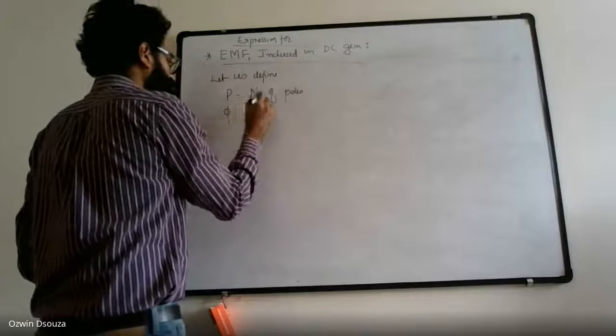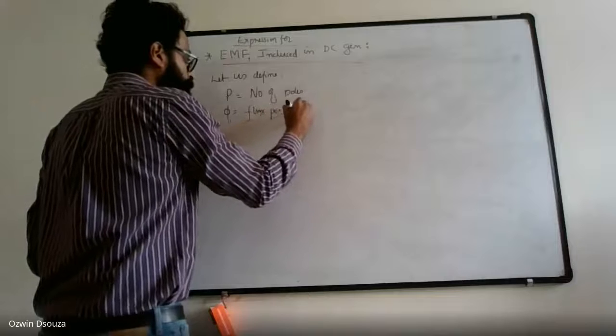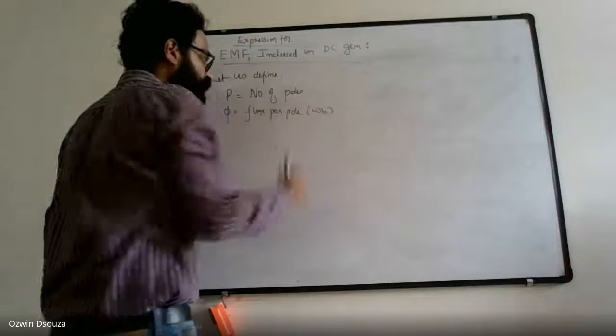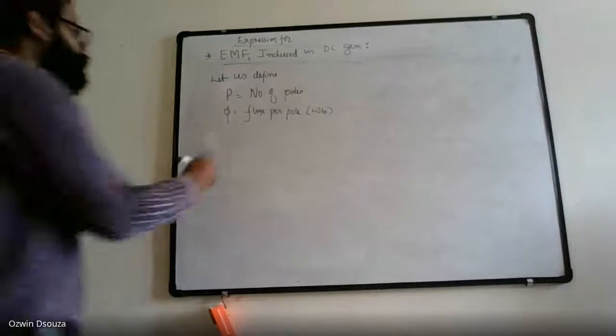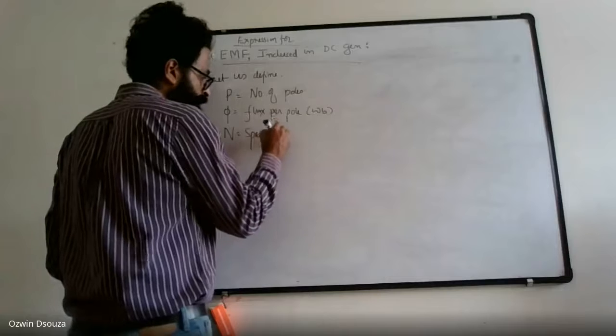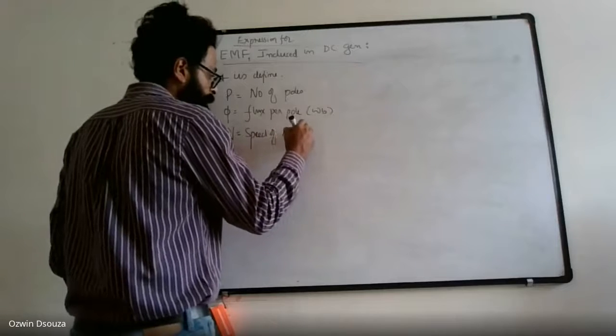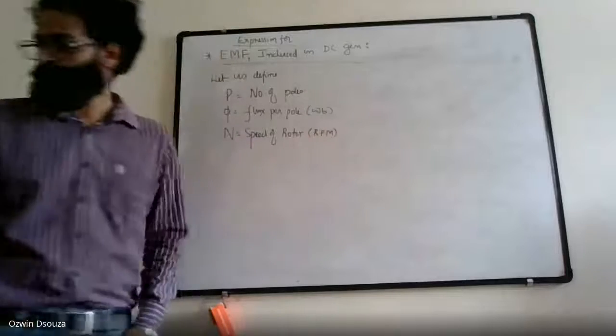Say phi is equal to flux per pole, expressed in Webers. Let us say N is equal to speed of rotor, expressed in revolutions per minute, RPM.